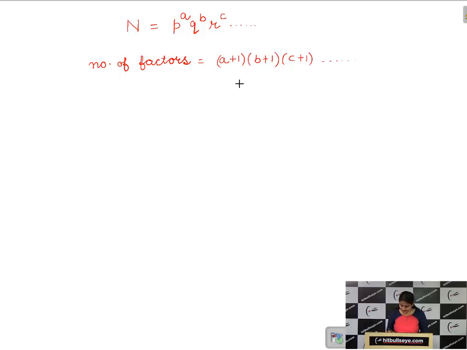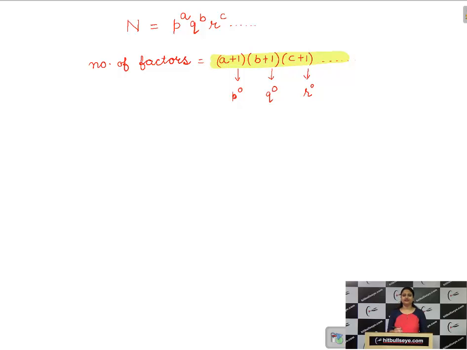Now why this plus 1? That is corresponding to P raised to power 0. That was for Q raised to power 0. That was for R raised to power 0. So that is the formula for the number of factors. This is the formula.